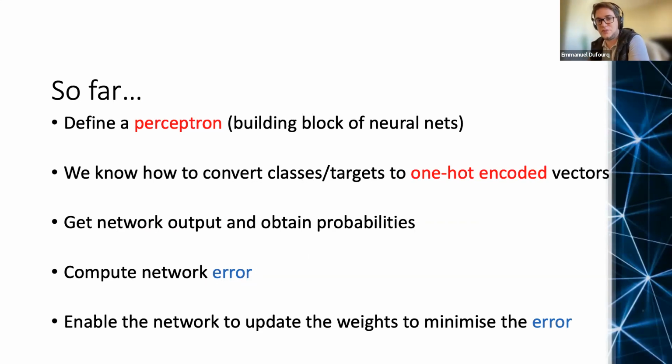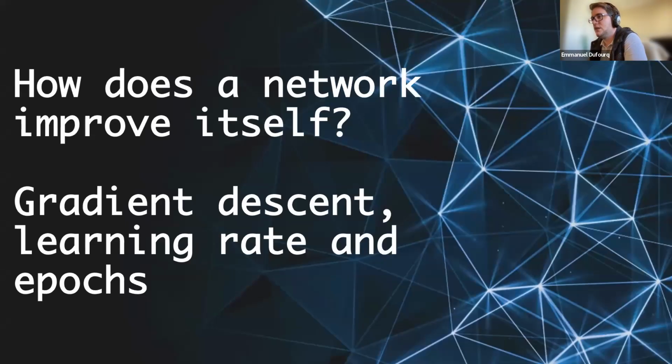What we have not talked about is how we use this error to update the weights, in other words, to optimize the weights to go down the mountain and find the optimal solution. So, how does the network improve itself? The primary ideas are gradient descent, the learning rate, and the epochs.